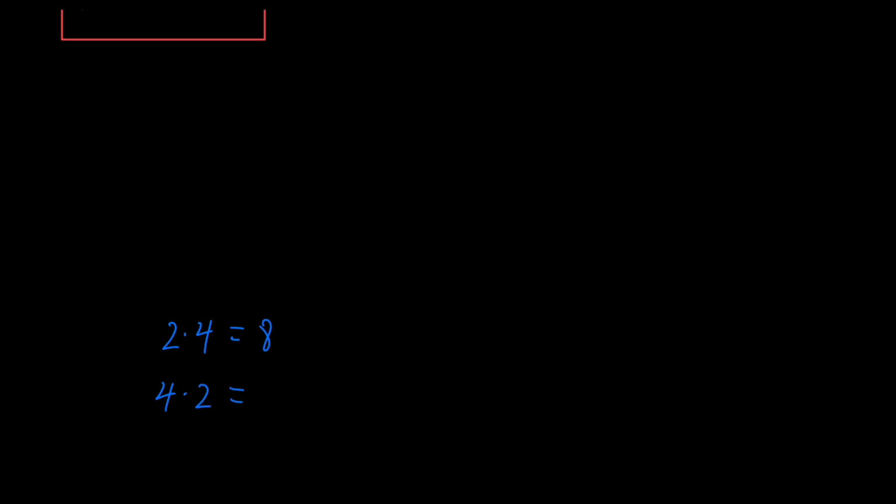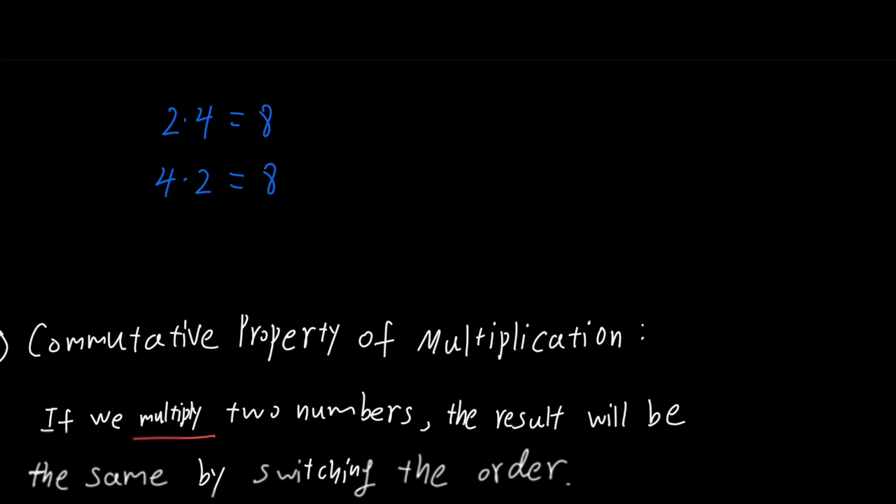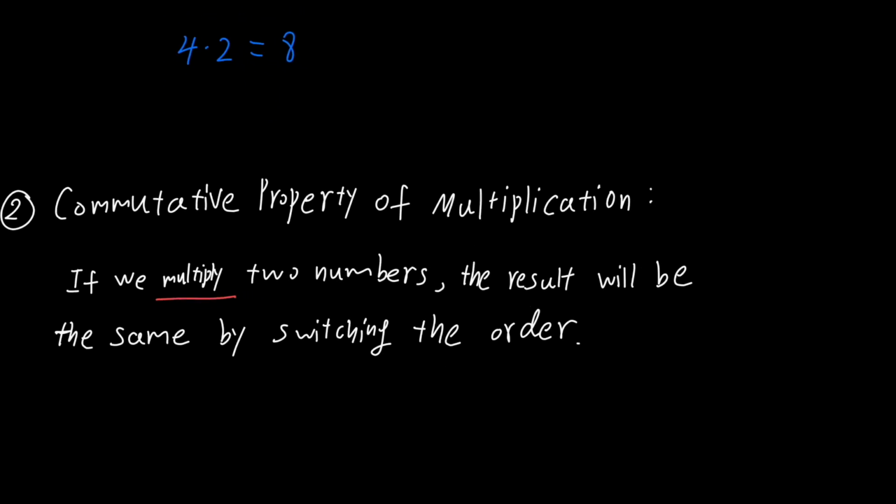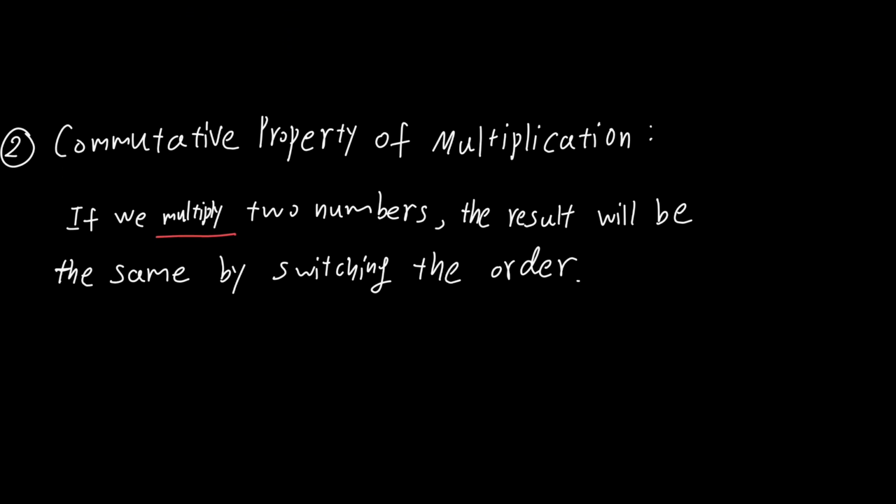It's still 8, right? For this process, we also have a specific name to describe it. We call it the commutative property of multiplication. Instead of addition, we have multiplication. And it's the second rule.